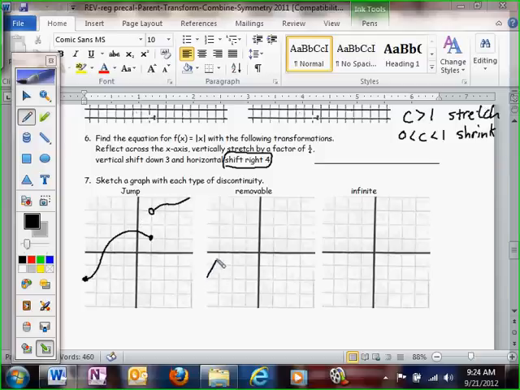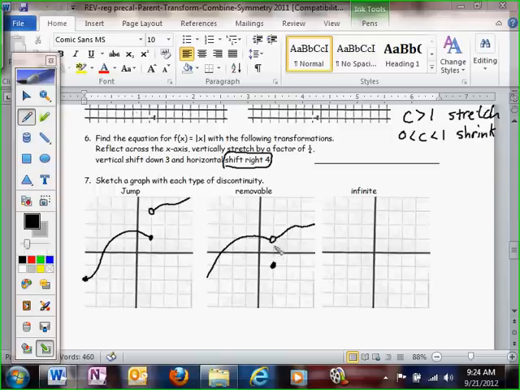Removable. I guess I'll go ahead and show you. If you have a function that maybe starts over here, and then maybe it has some point where it's not defined, but it continues like this. But somewhere on the vertical line above or below this point that's not defined, the function is actually being drawn at, this is removable. It's a removable discontinuity because if I pretend for a second that this point right here is not there, there is some discontinuity in this graph.